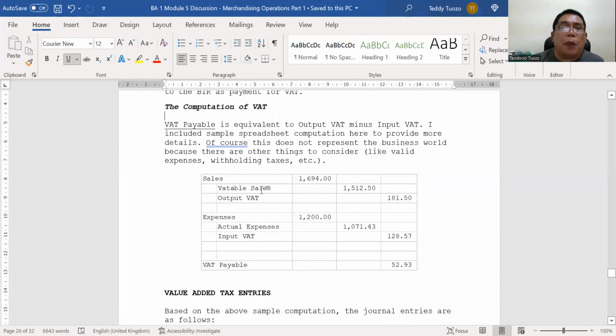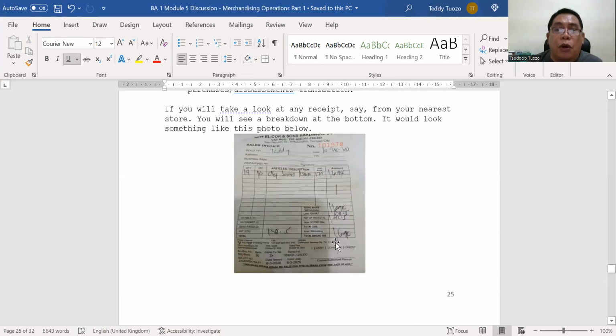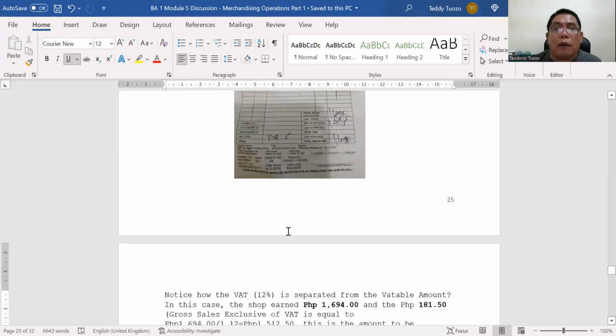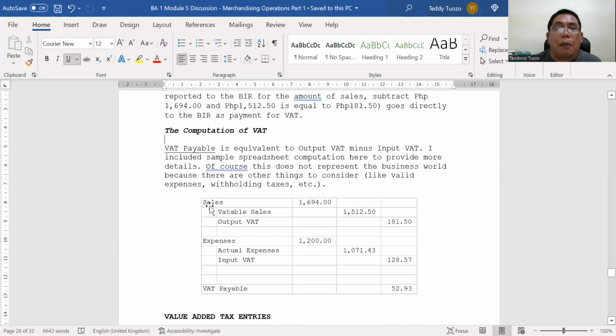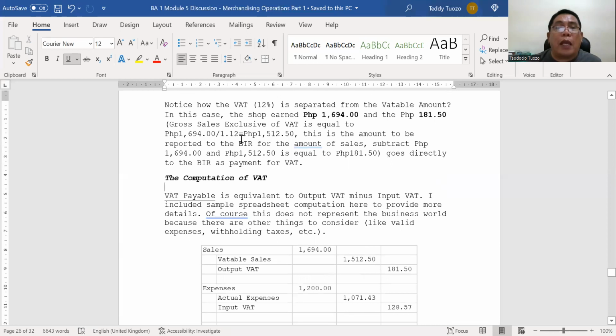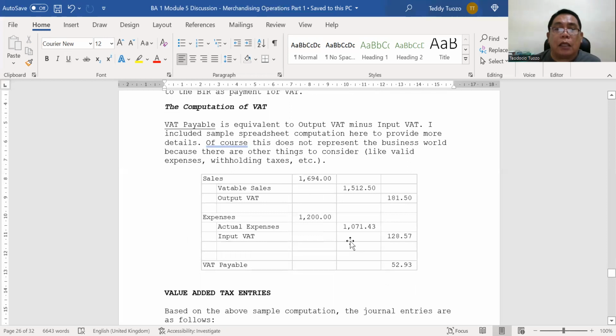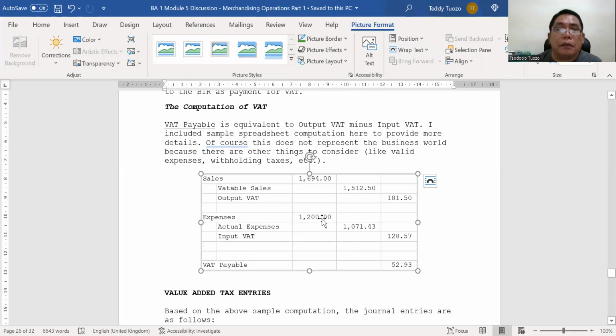So, you have there, for example, 1,694 inclusive of VAT. So, for VATable, how do we do it? You divide by 1.12 to arrive at the gross sales, where the VATable sales is only 1,512.50. Okay.